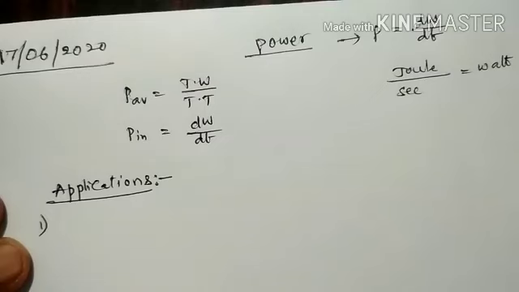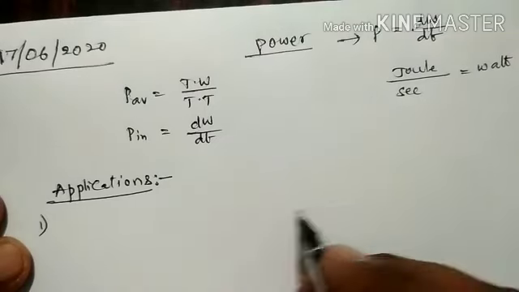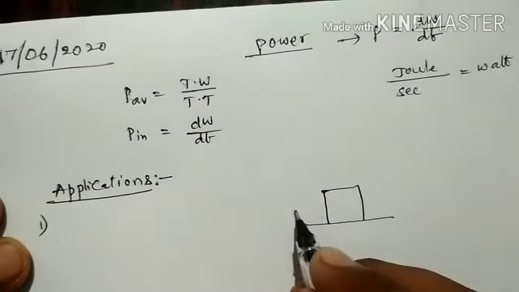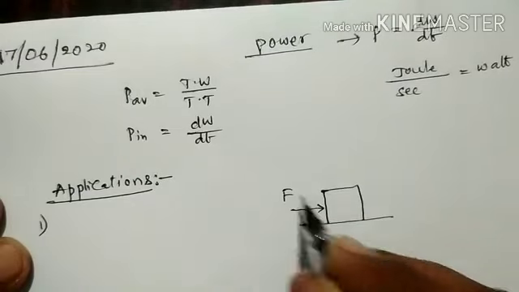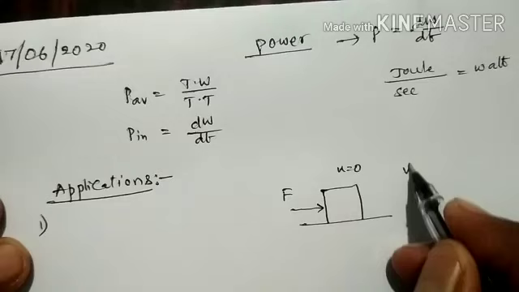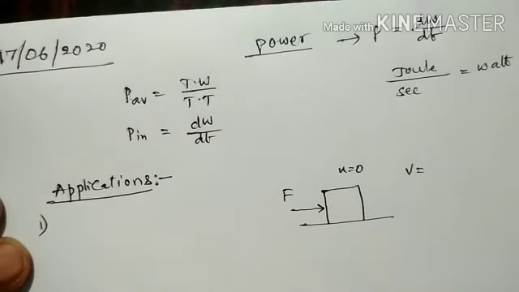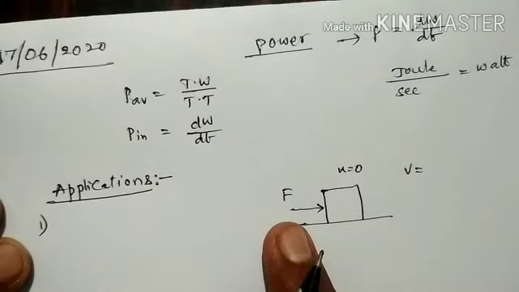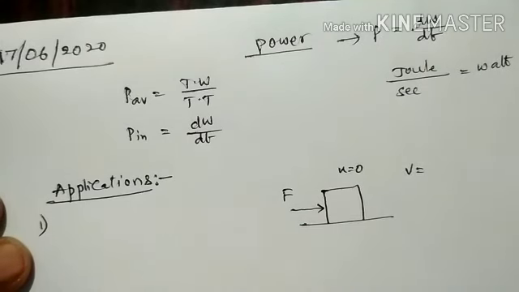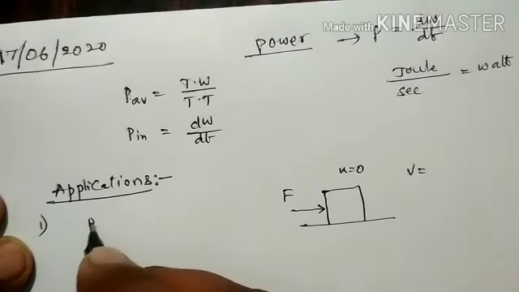If a force F is acting on a body, and the body is starting from rest, initially the velocity is 0 and it acquires a velocity v in some displacement or in certain time, then what is the power transferred by the force to the object? We call it power delivered.